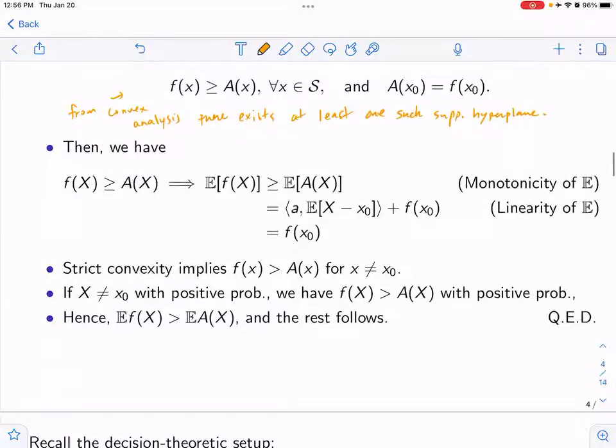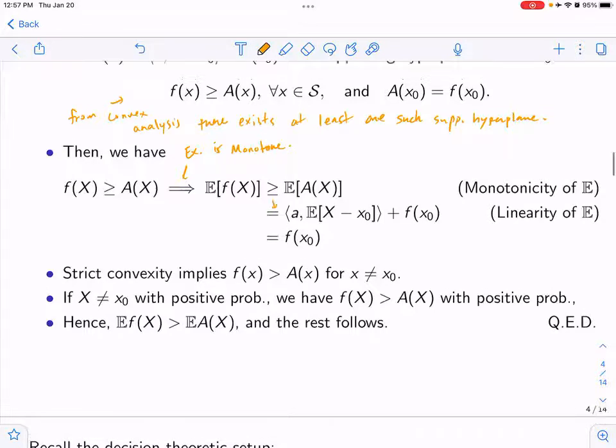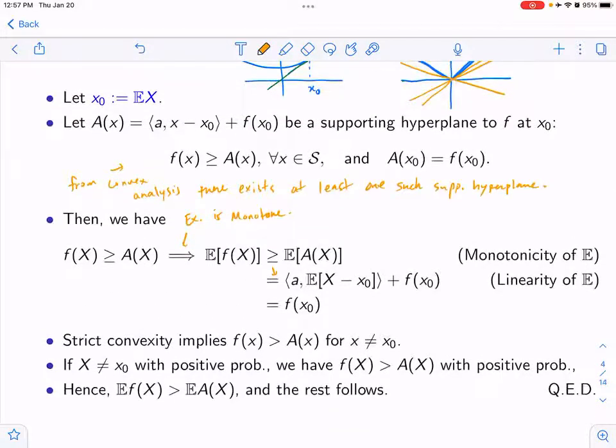And so I then take the expectation of both sides. Expectation is monotone, and so we have this. And then I have this line, which is by the linearity of expectation.